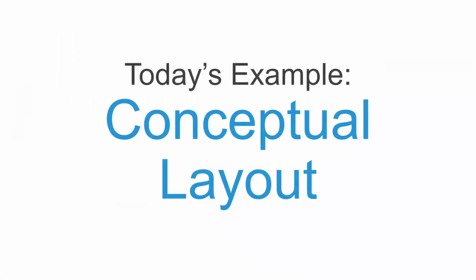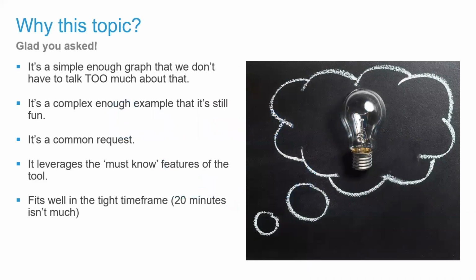Wanted to give you guys some baseline info in terms of what it is that I'm showing today. We're going to do a quick crash course on setting up a graph for a conceptual layout of a modular building. Why this topic? Glad you asked. It's simple enough that I don't have to spend a whole bunch of time going over the geometry engine underneath it, but it's complex enough that it's still fun for me, and hopefully you guys can learn from it as well.